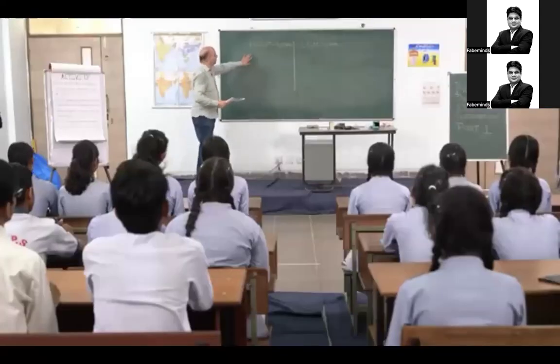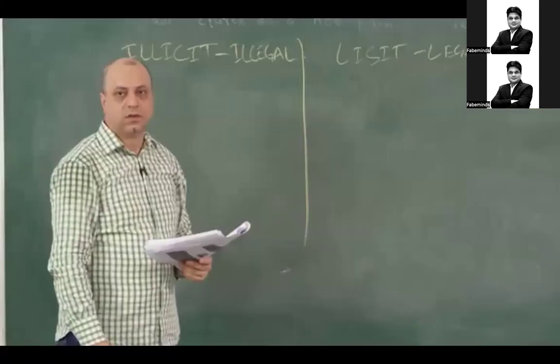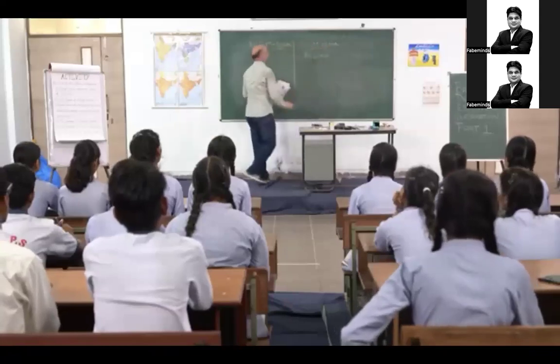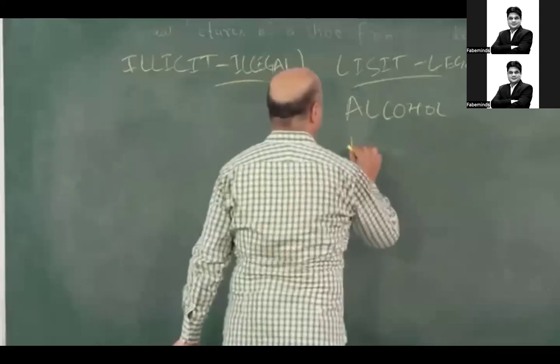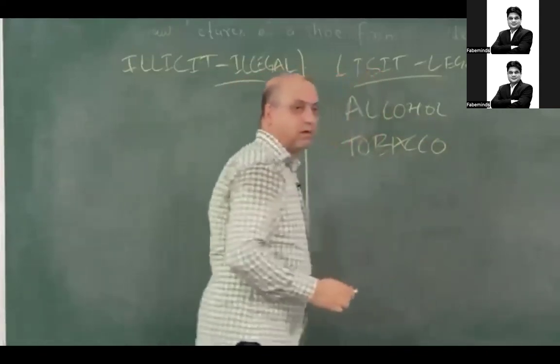What do you know based on whatever we discussed? Can you tell me a few names of illegal, illicit drugs, and a few names of licit, legal drugs? Alcohol is a legal drug. Tobacco is also legal. Heroin and cocaine are illegal.